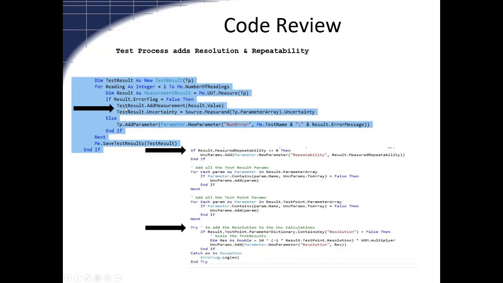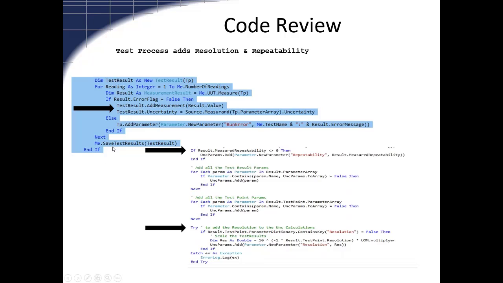You can see that here: our test results is going to add a measurement with the value, and then we're going to set the uncertainty that comes with it. Each time we're adding a measurement to our process, that's where we're getting that statistical value. So we're reaching in there, adding measurement 1, adding measurement 2, adding measurement 3. Then we have all of our measurements, and we can come back in and calculate the repeatability of that measurement as well as the resolution based on the values that are put in there.